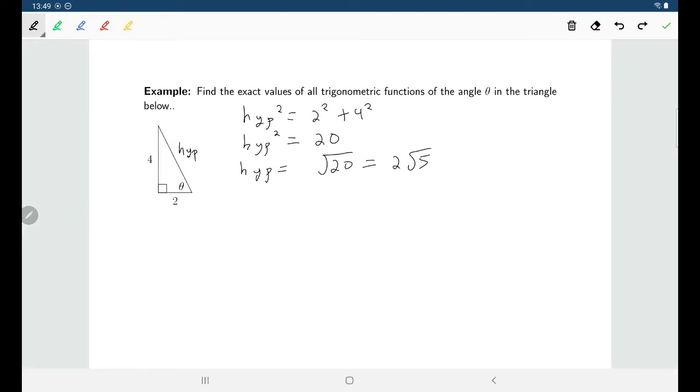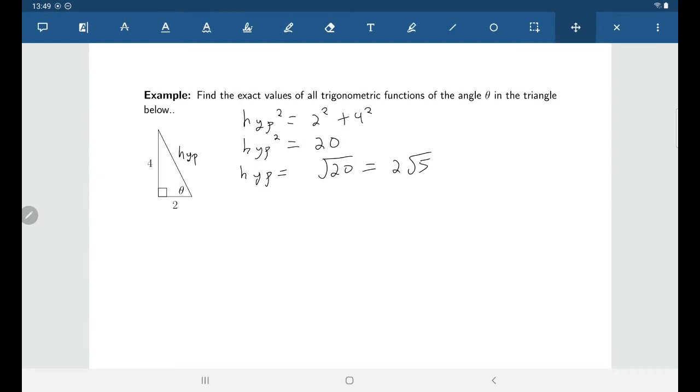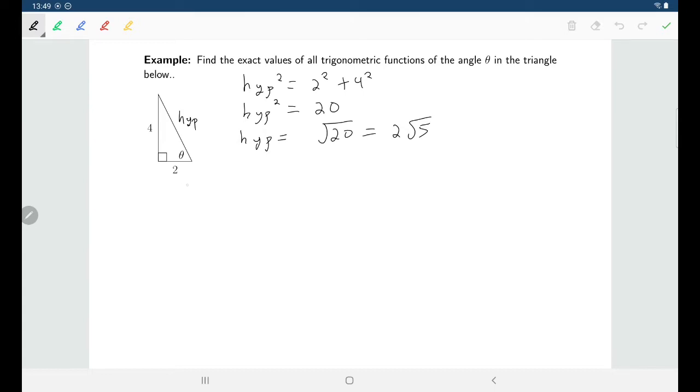Okay, so now that we have our hypotenuse, we're ready to find the values of all of our 6 trig functions. And for this, we just need to know our 6 trig function definitions. Now, the nice thing again is that if you know the relationships between your trig functions, you don't really have to remember all 6.